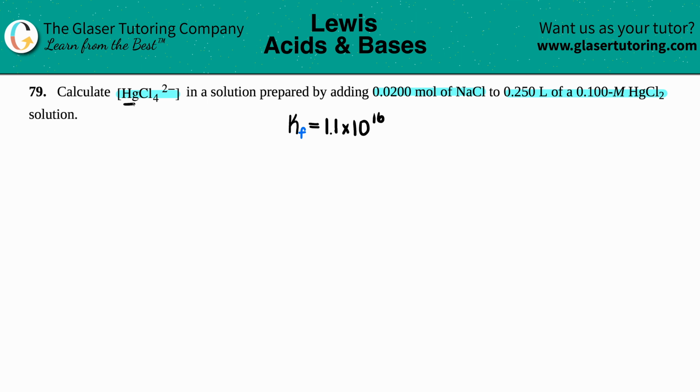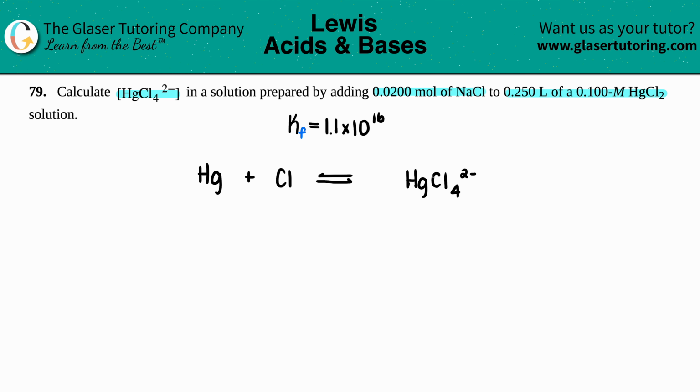Well, the two ions here are the mercury and the chlorine, right? Hg and Cl. So I have Hg plus Cl, and this comes to equilibrium to form HgCl4 2-.